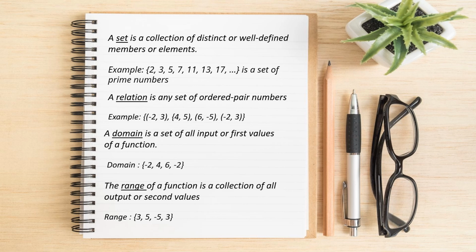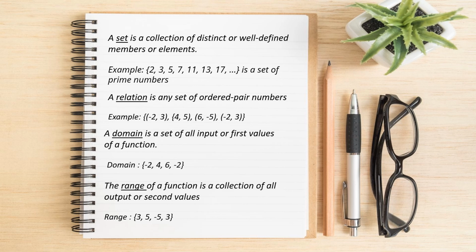Relations and functions are actually one of the most important topics in algebra. In other words, we can define a relation as a bunch of ordered pairs. Input values are generally x values of a function. Output values are y values of a function.